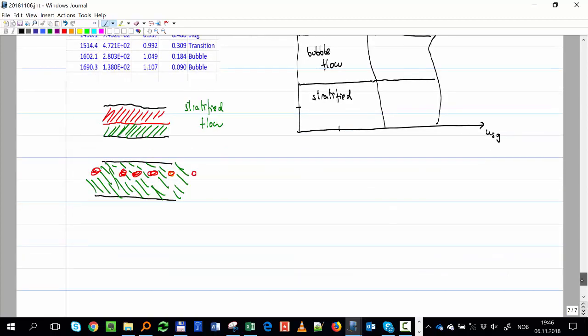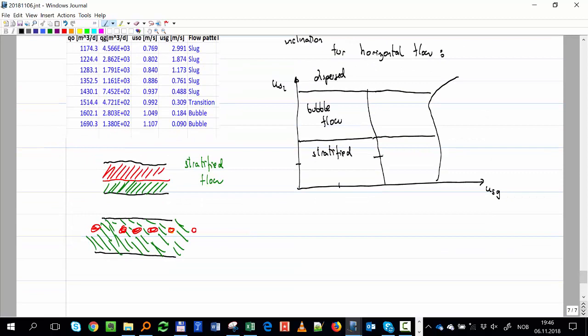Now, if I move to the right, from stratified, if I increase the amount of gas, what will happen? Slug, right? We know slug is someplace there. But before that, we get what we get on the sea. What happens on the sea when the wind is blowing very hard? You get waves, right? So that's the first step.